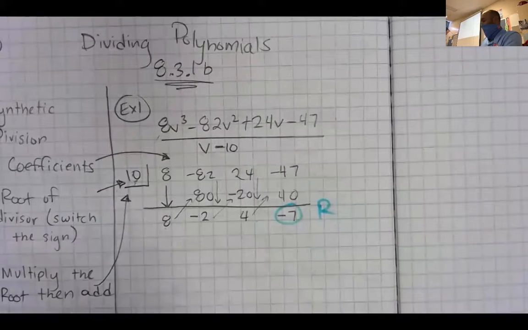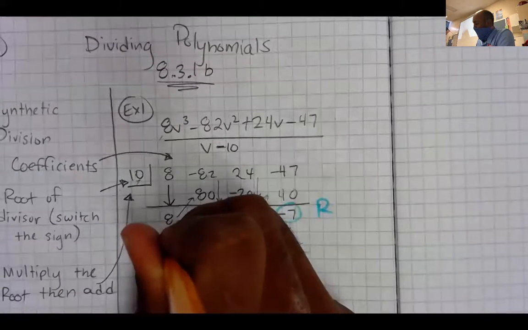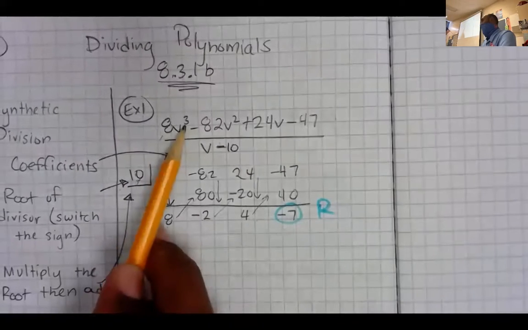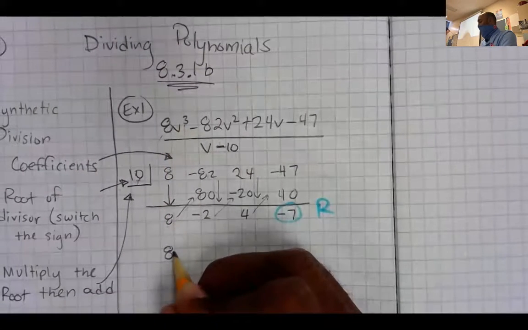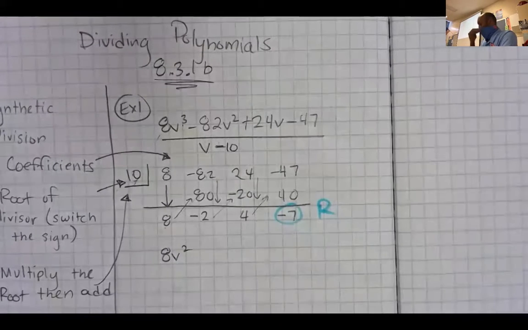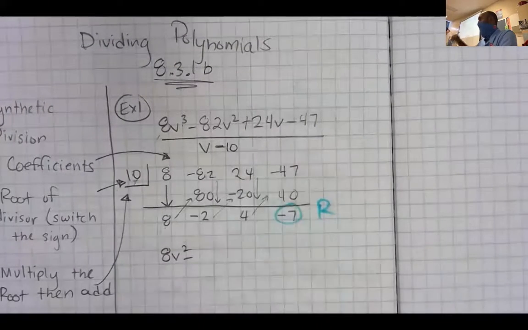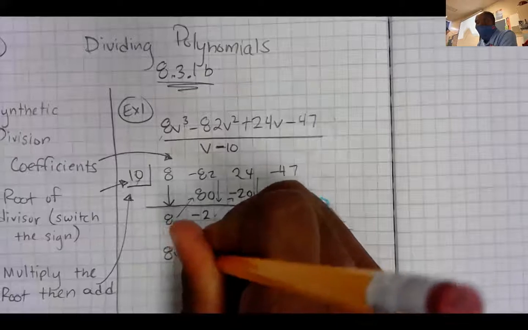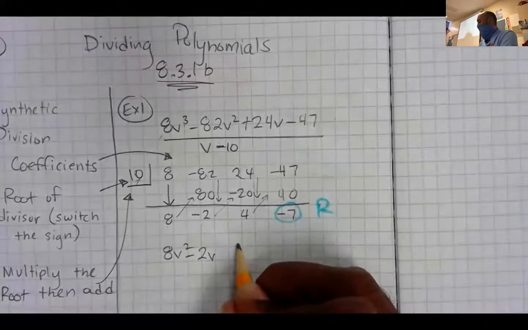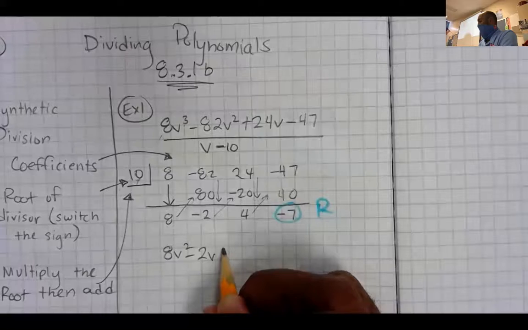Those are the numbers that go in front. So my answer for this one, I start with 8. If I started with cubed, my first term will be what? Squared. Okay, then I just go down in order. So now 2, what will go after that? Just v, then just plus 4.